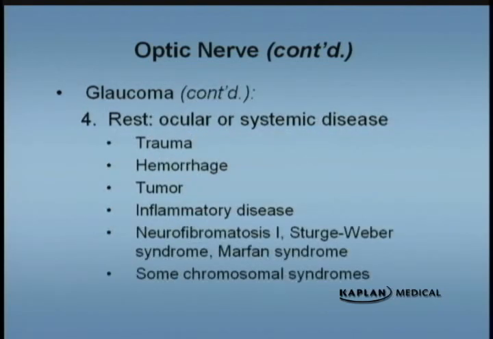It can be a result of ocular or systemic disease. You have a listing there of different causes such as trauma or hemorrhage that can cause glaucoma, or a tumor can also increase the pressure in the eyeball itself. And there are some syndromes associated with glaucoma. That is why, with certain syndromes that have a higher risk of glaucoma, regular routine ophthalmologic follow-up is recommended.